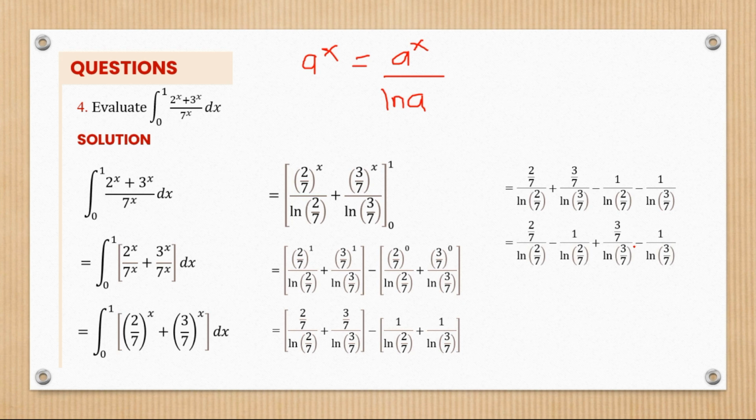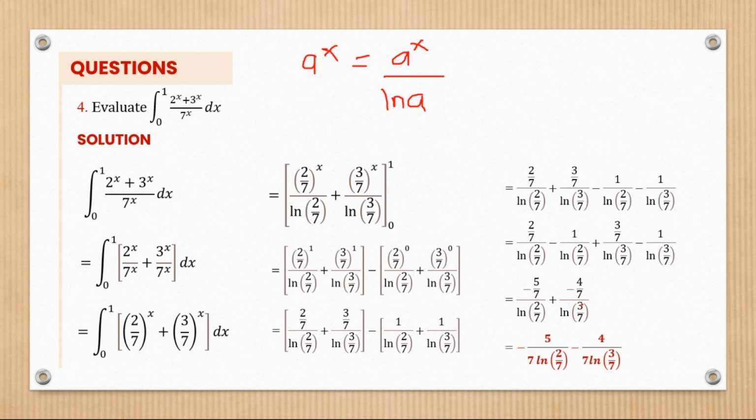And then if we solve further, we can clearly see that we can group different items that have the same denominator, because that will allow us to solve the fractions quicker. So group those that have the denominator ln(2/7), and those that have the denominator ln(3/7). Once I do that, this group minus this is going to be negative 5 over 7 over ln(2/7), plus this group subtracted, which is negative 4 over 7 over ln(3/7).